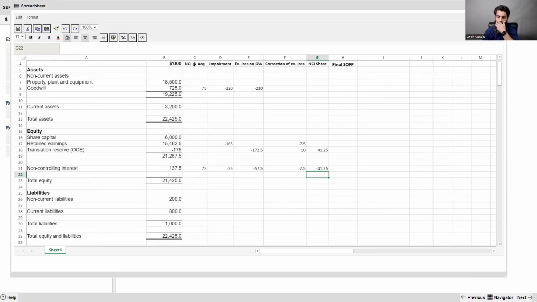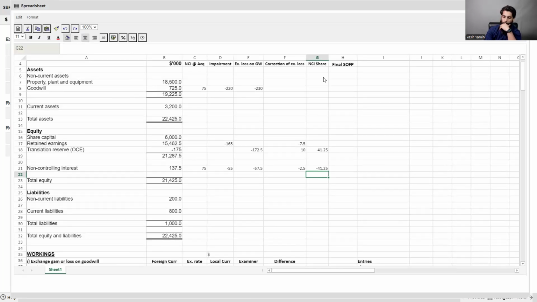And once we have done that, why don't we sum up all the balances that we have? We can just copy paste this whole thing.